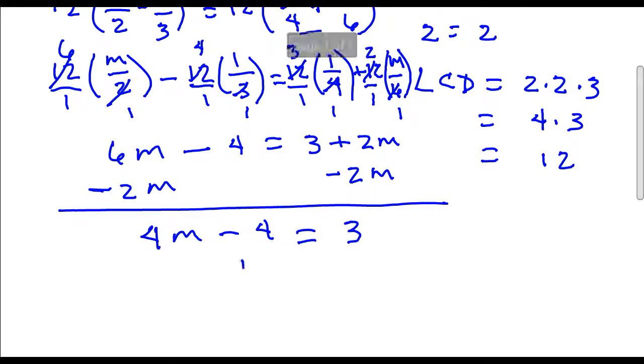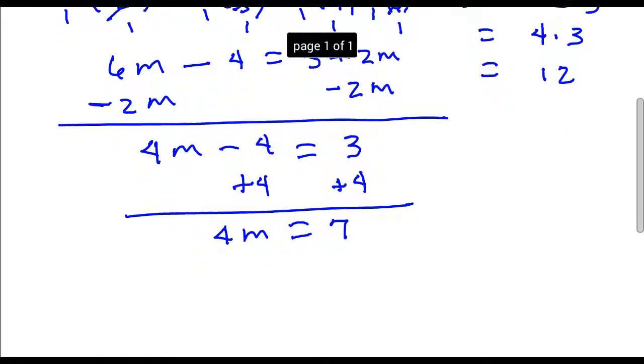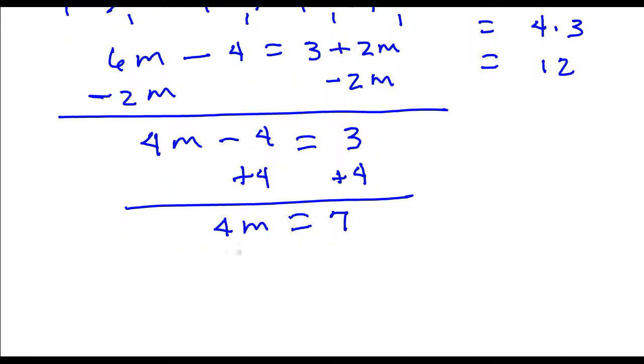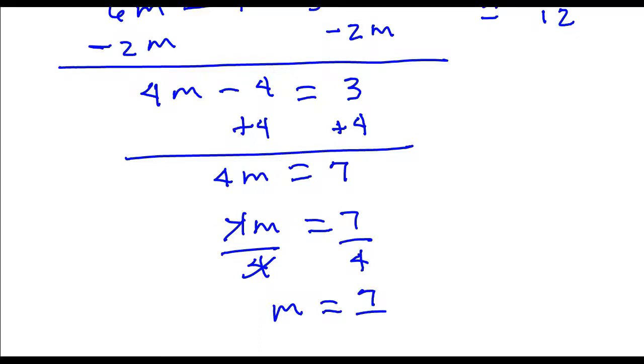I'm going to add 4 to both sides. 4m is equal to 7. Last thing I'm going to do is divide both sides by 4. m is 7/4.